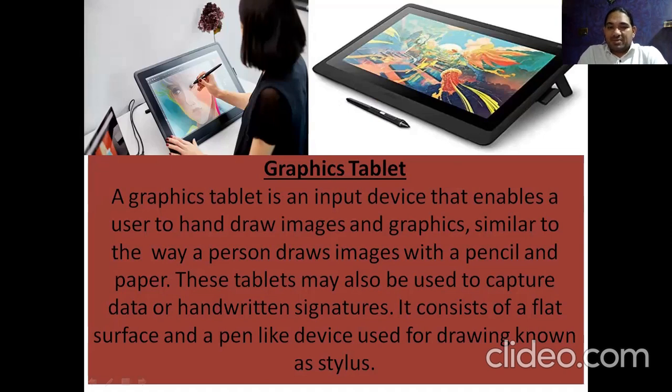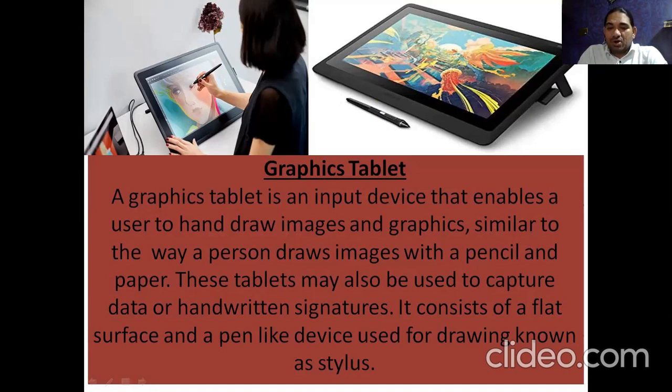So a graphic tablet is an input device that enables a user to hand draw images and graphics, similar to the way a person draws images with a pencil and paper. This tablet may also be used to capture data or handwritten signatures.